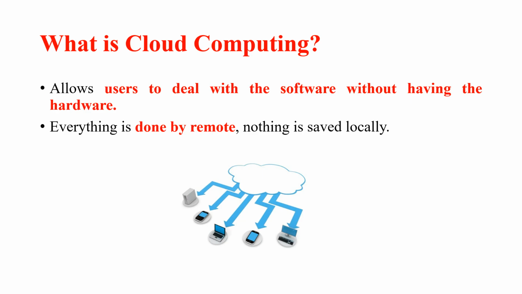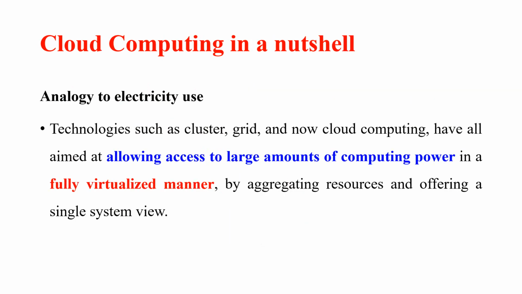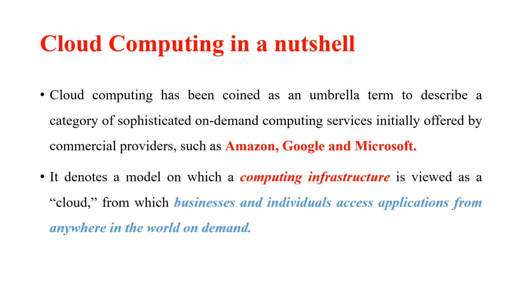Everything will be done remotely. Cloud computing in a nutshell is an analogy to electricity use. It allows access to a large amount of computing power in a fully virtualized manner. The cloud service providers are Amazon, Google, Microsoft, Salesforce, IBM, etc. These are the best examples of cloud service providers.